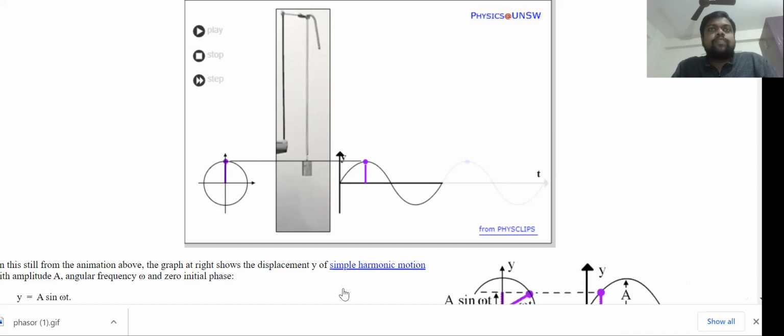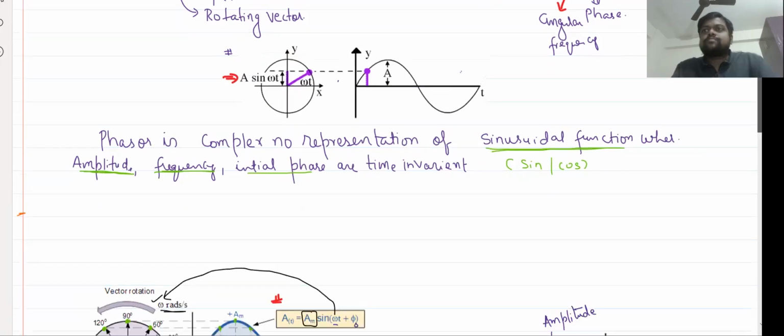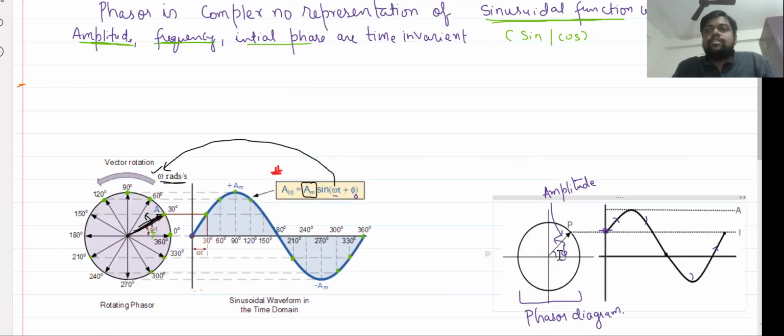Let us go back to the board here. Now this projection, when you see, this projection is A sine omega t. I'll show you with this diagram. This is theta.